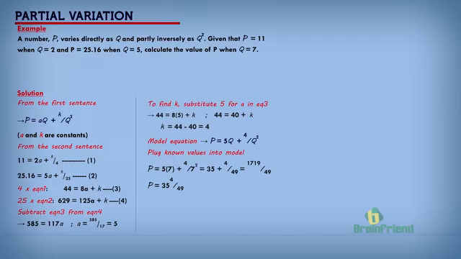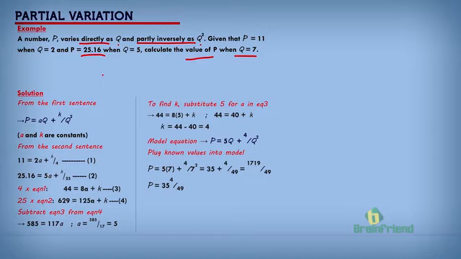Let's see the practical application of all of this. A number P varies directly as Q and partly inversely as Q squared. Given that P is 11 when Q is 2 and P is 25.16 when Q is 5, calculate the value of P when Q is 7.